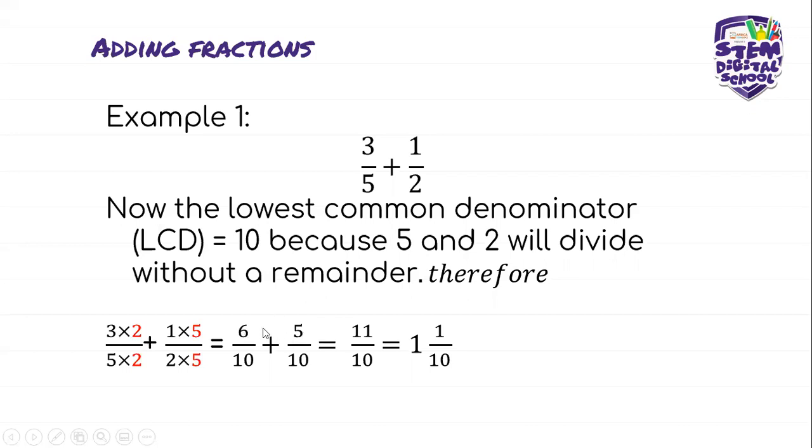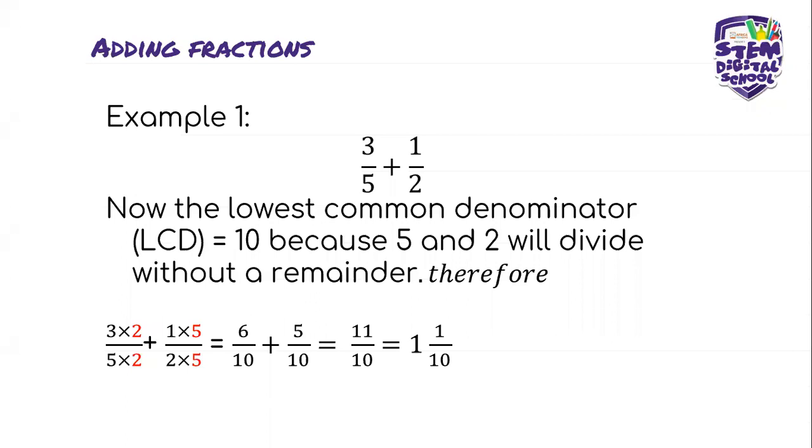What are the numerators? 6 and 5. Those are the numerators. So all that you need to do now is to say 6 plus 5 gives you 11. And then this will be over 10. Remember, 10 is the common denominator, so you will have 10 in the denominator there.